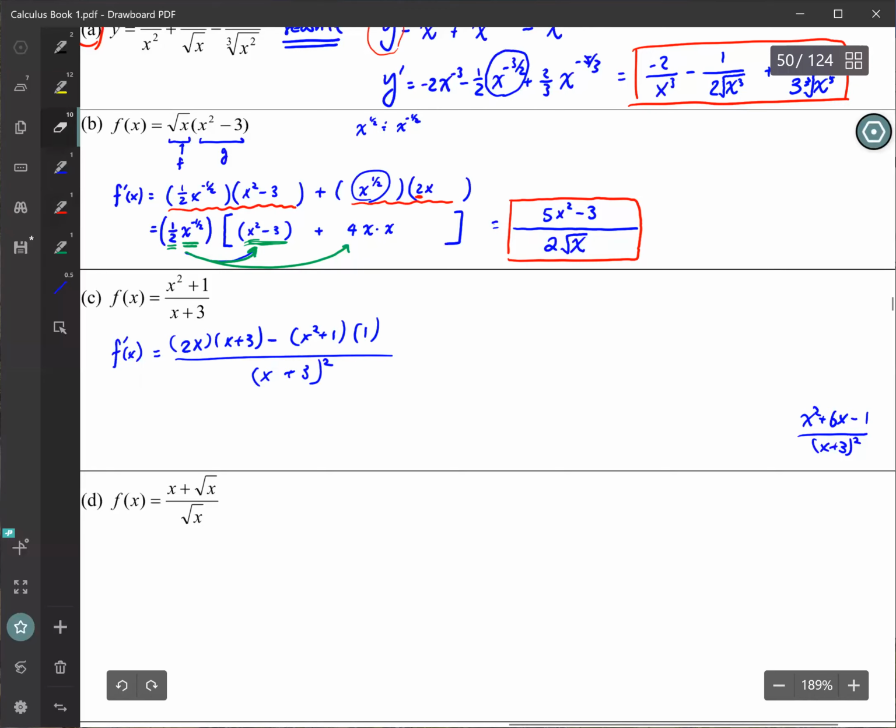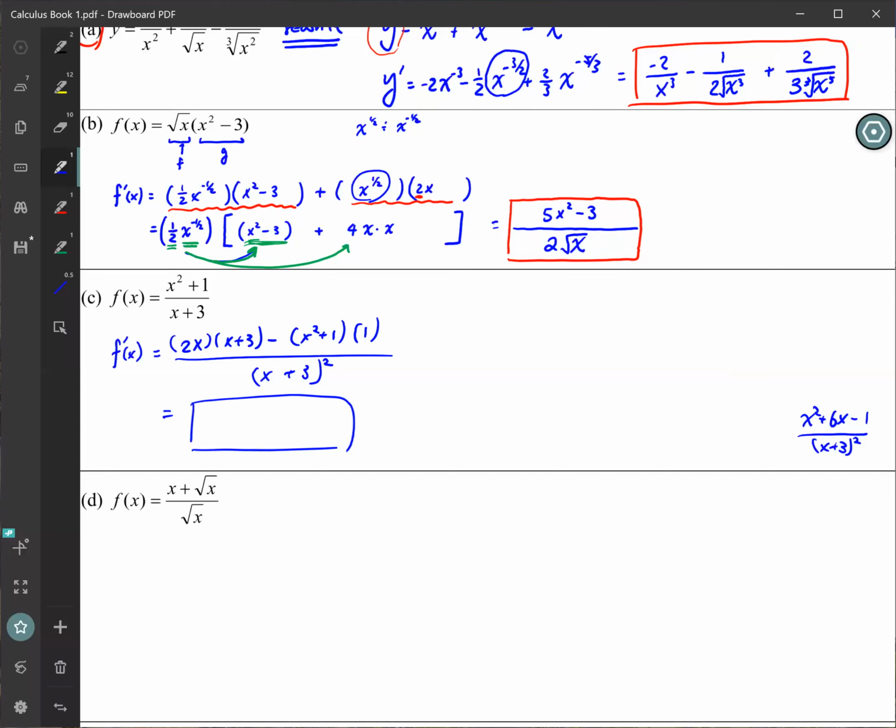Now after that, you just expand the numerator. So that looks like 2x squared minus x squared. Yeah, that looks good, plus 6x minus 1. Okay, so we are all good.